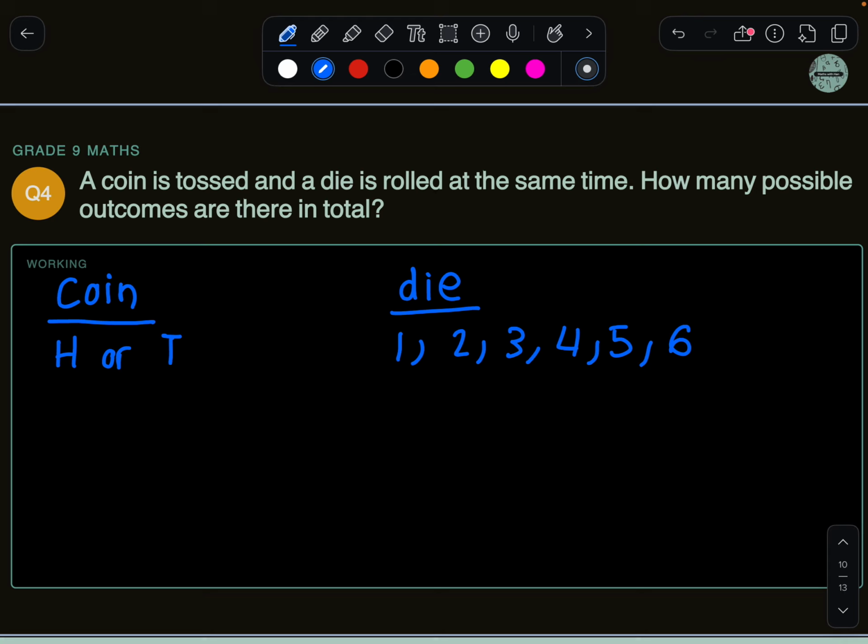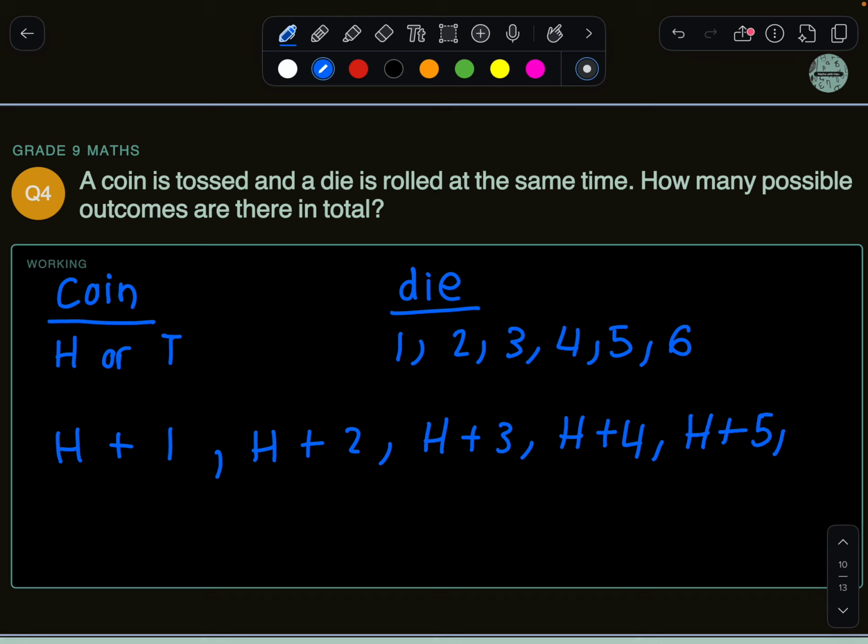So we could get, for example, a heads and a 1, heads and 2, heads and 3, heads and 4, heads and 5, or heads and 6. Or we could get tails and 1, so you get the idea.